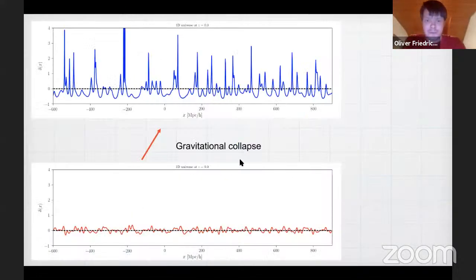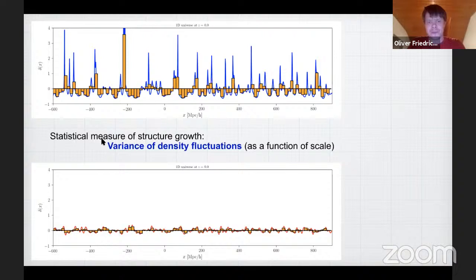Now, like I said, what we are trying to understand is really the transition from these tiny density fluctuations in the early universe to the highly evolved density fluctuations in the late universe. And this is equivalent to just testing gravitational collapse or the laws of gravity on large scales. And how can you quantify this kind of growth of structures that we've observed?